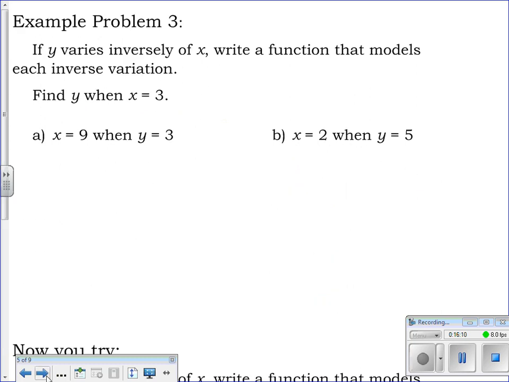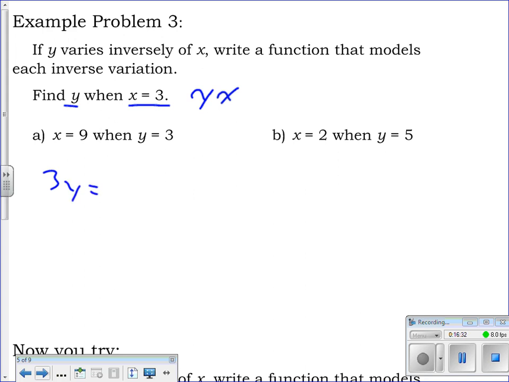Okay. Ooh. This one actually is a lot easier. Y varies inversely. Oh. Inversely means I have x times y. So find y when x is 3. So these two conditions are the same every time. X is 3, y is y.